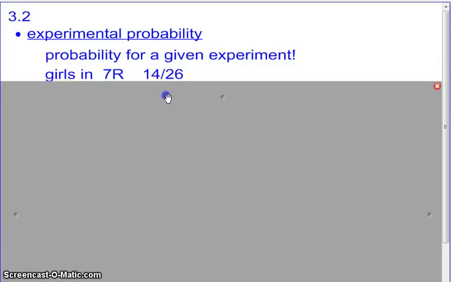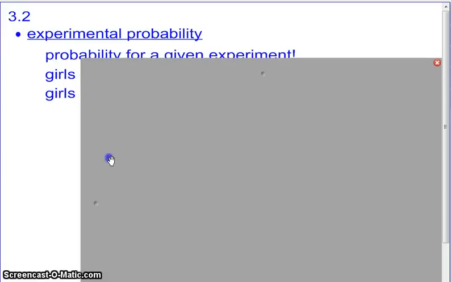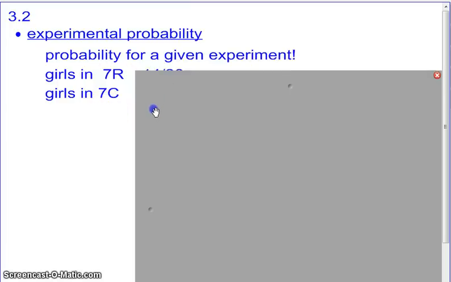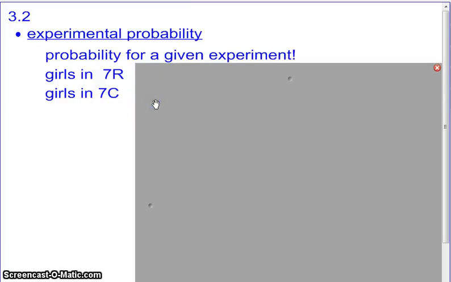Some of you will do this with your science fair next year, and you probably have done it before. I'm using data from last year because I'm not with you in the class for this lesson today. Last year we had 7 Roberts and 7 Castaldi, so that's what you're seeing here. So what is the probability of girls in 7 Roberts, or girls in 7 Castaldi?